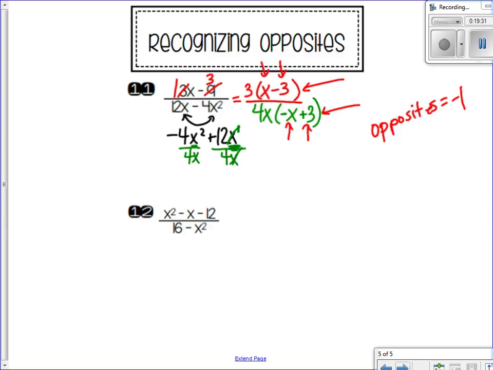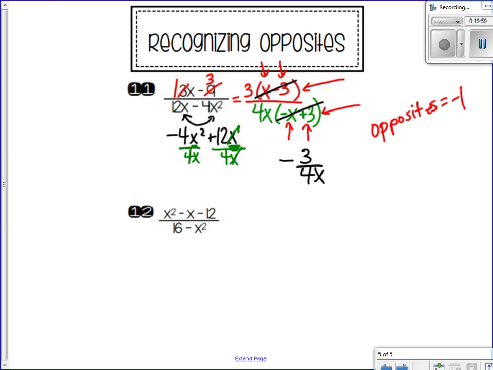So what we can do is this whole thing is really going to equal a -1, which is going to make the whole fraction -3 over 4x. I know that's a little bit confusing, and we're going to keep practicing so that we can find those opposites.